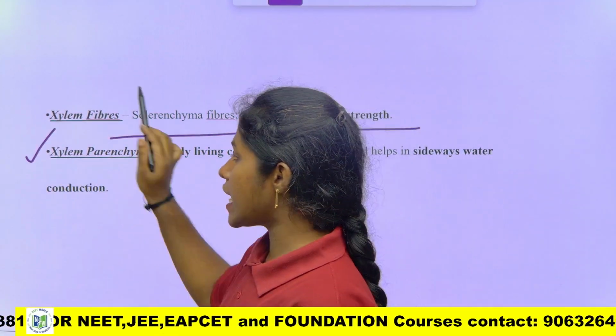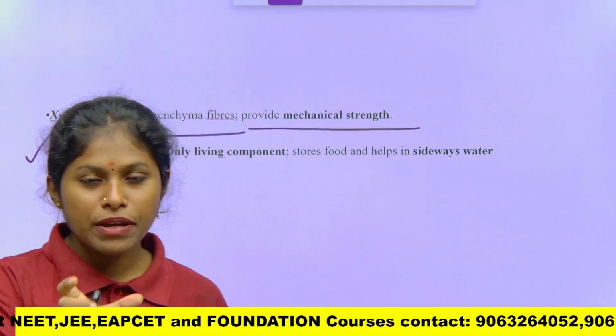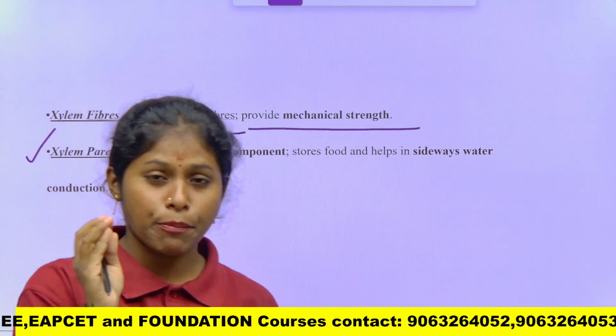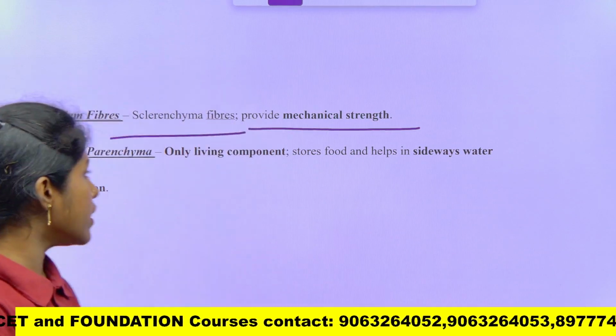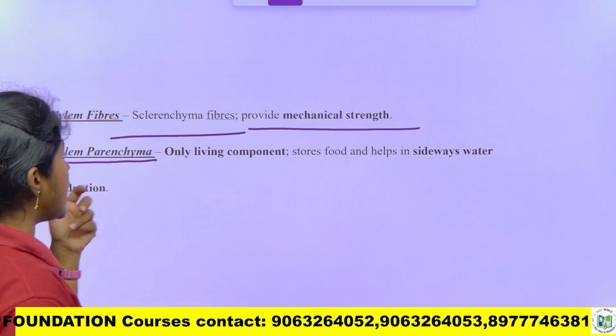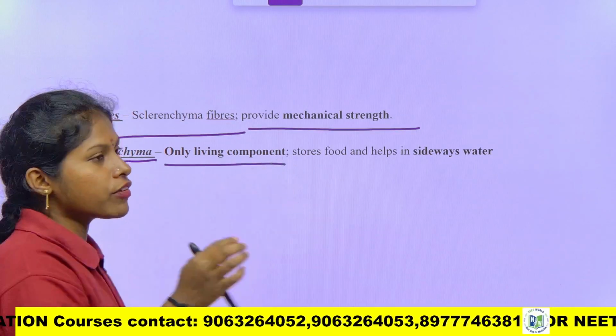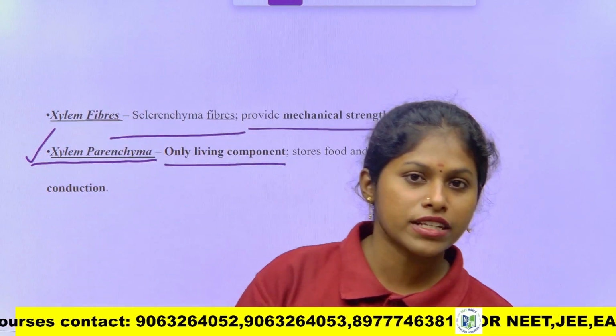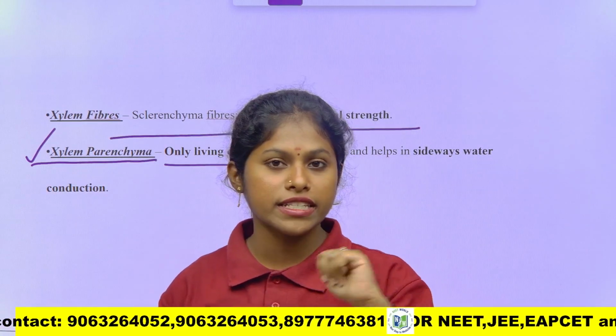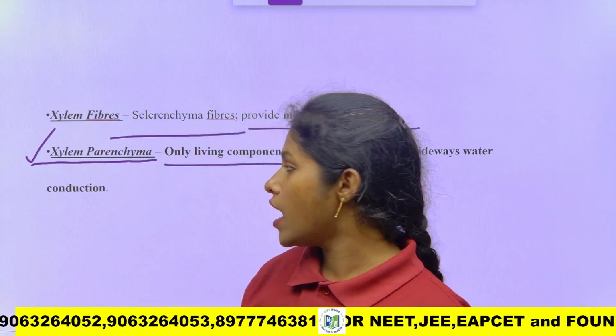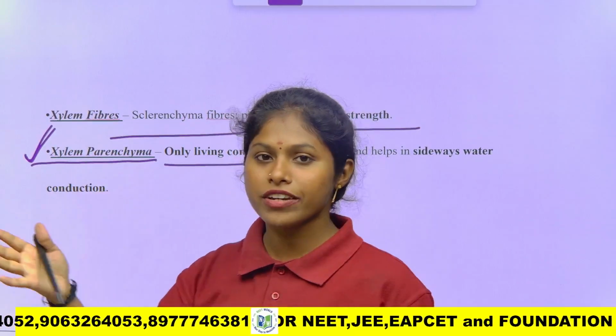Coming to the last one, xylem parenchyma. We know that parenchyma is a living tissue, and it is abundant in the soft parts. Of the 4 main components of xylem, the only living component is the xylem parenchyma, because parenchyma is a living tissue, right.